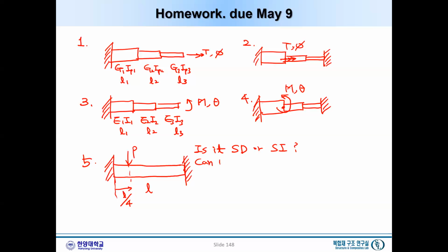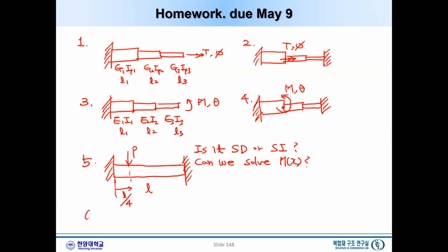Can we solve the bending moment as a function of x? If you can, please do so. If you cannot, please explain why not.